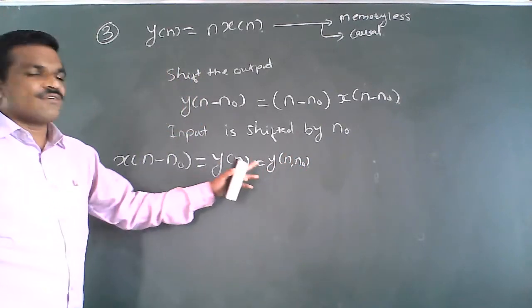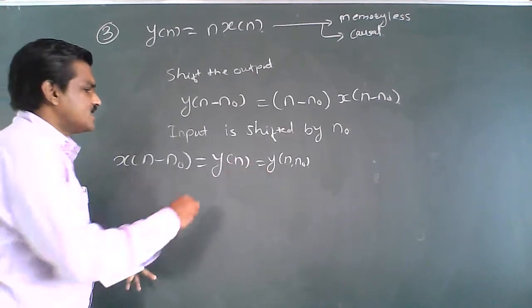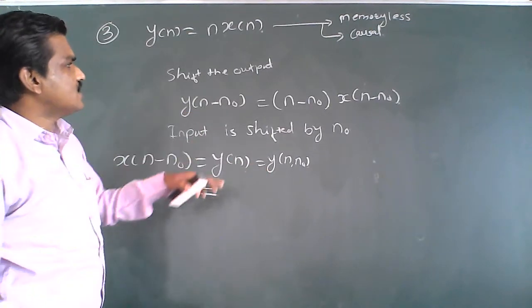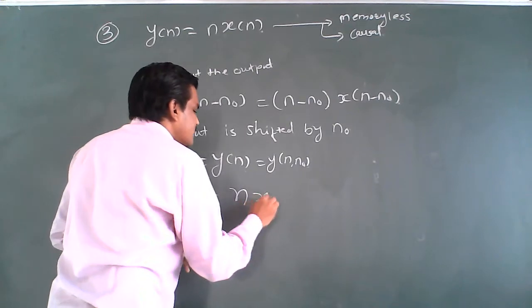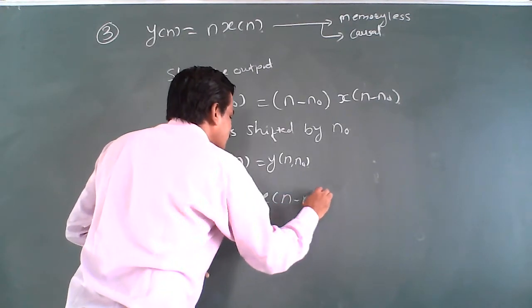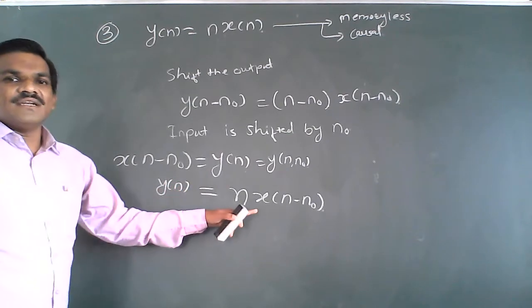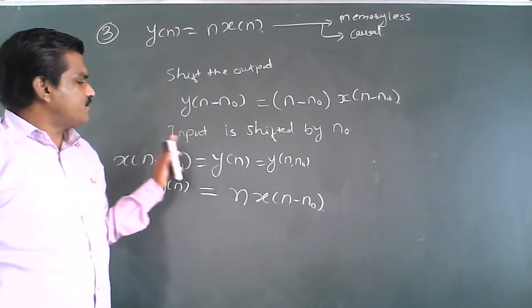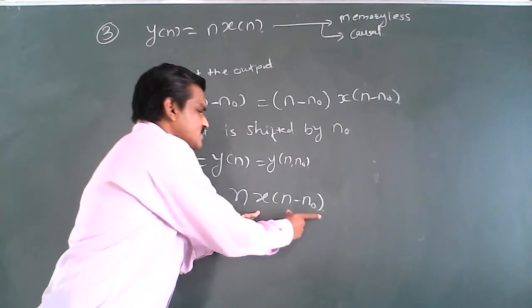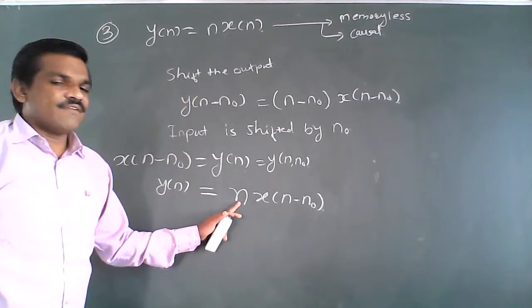So y of n comma n0 is nothing but n times x of n minus n0, which is nothing but x of n minus n0. Because the input is only shifted, x of n minus n0 will be shifted. Here the n will remain the same.